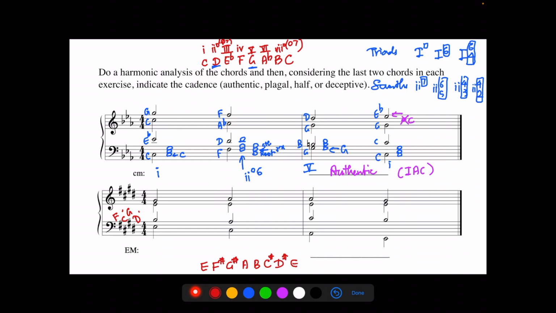Back to E. And then if it's a major key, by this point I think you should already know which chords are always going to be major, which is 1, 4, and 5. And then minor is going to be 2, 3, and 6. And the 7th one is, of course, always diminished, right?